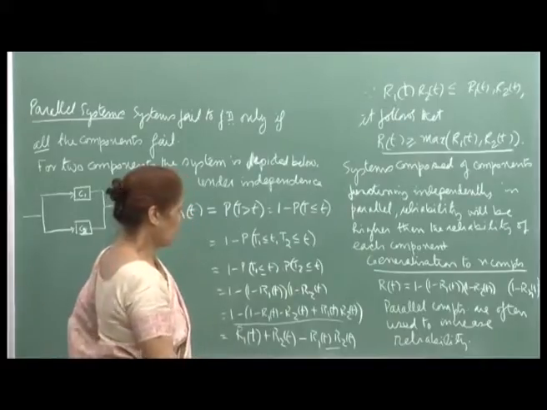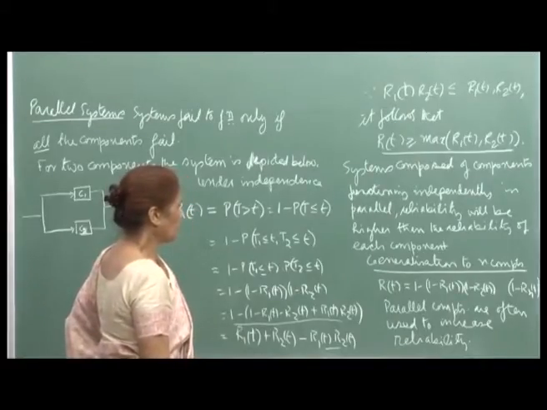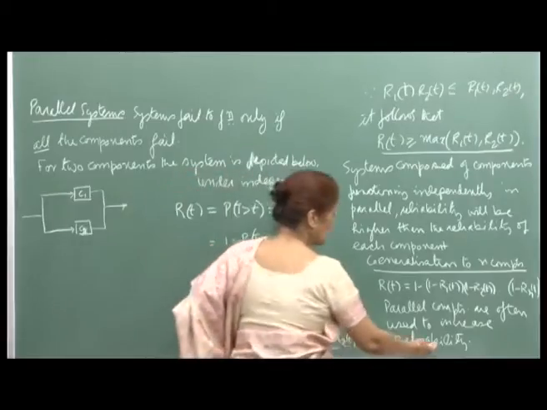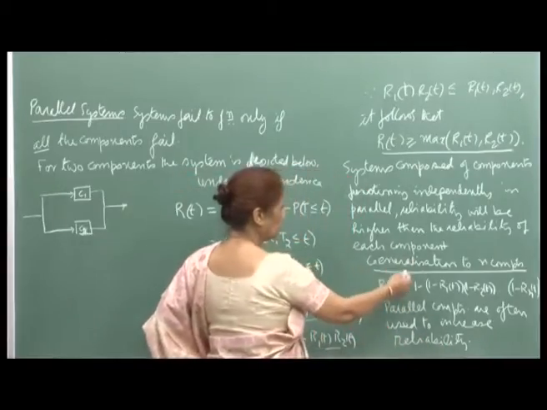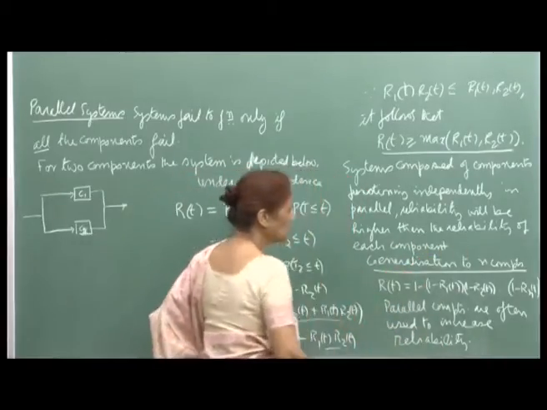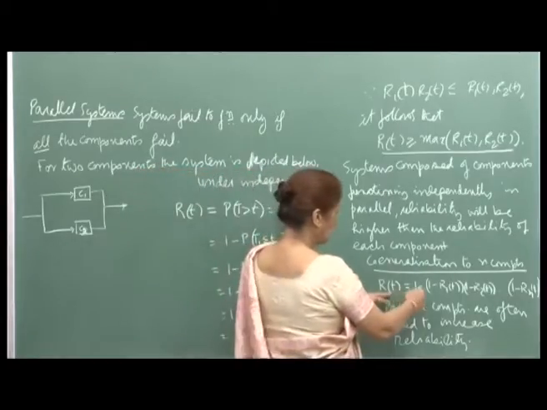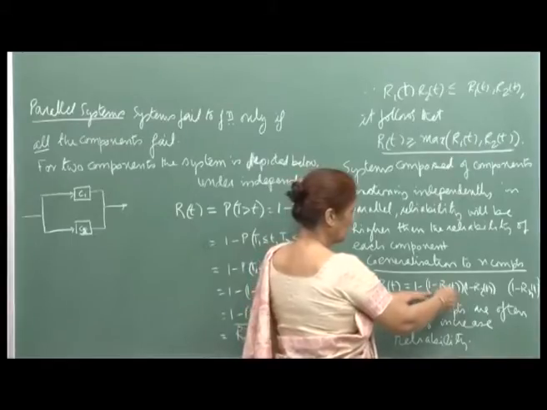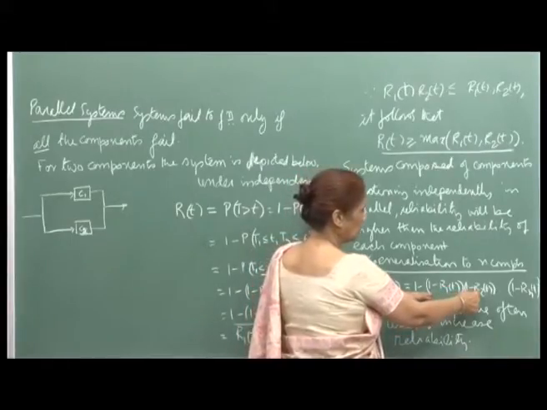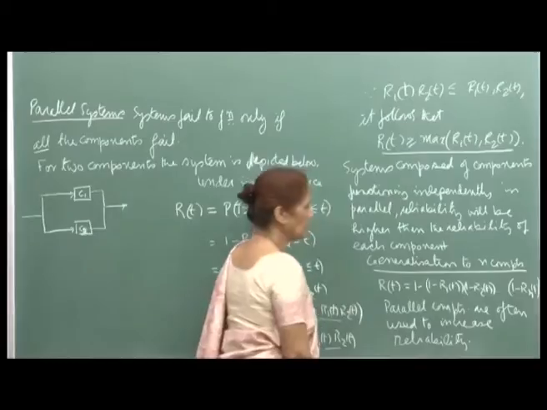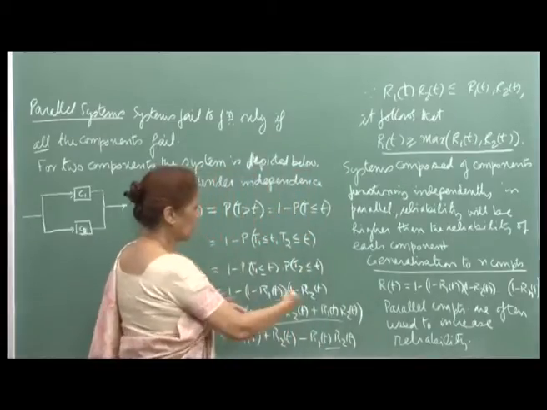And so, parallel components are often used to increase reliability. If you want to generalize it to n components functioning in parallel, then this will be R(t) equal to 1 minus (1 minus R1(t)) into (1 minus R2(t)) into ... (1 minus Rn(t)). The same principle will be used.